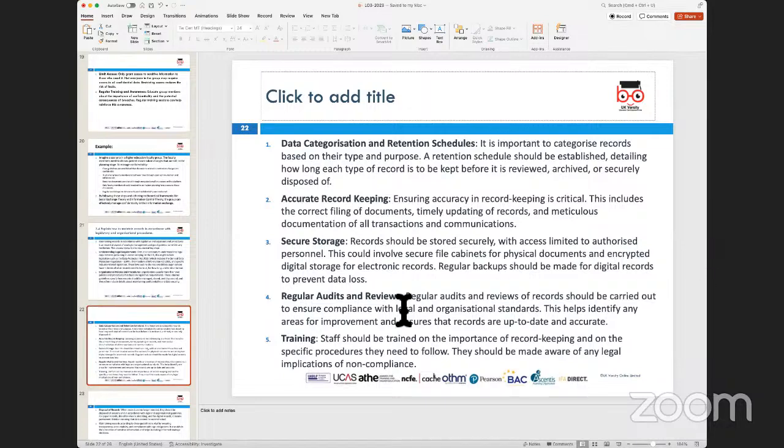Now, the main aim is understanding how these records are maintained in accordance with legislative and organizational procedures. All educational setups need to have a data protection policy. All these setups need to have what is called a freedom of information policy and public audit policy.